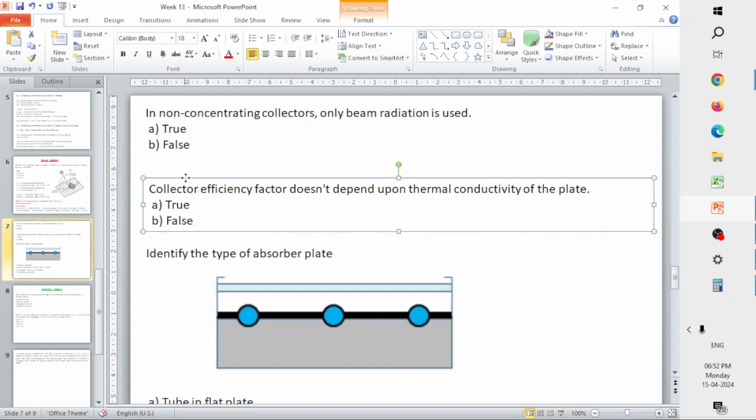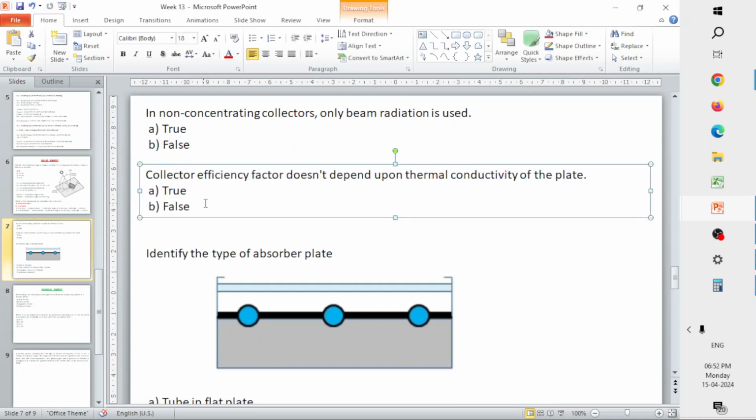Next one is again a true or false. It's about the collector efficiency factor, whether it depends upon the thermal conductivity of the plate. The collector efficiency factor is defined as the ratio of the actual useful heat transfer gain rate per tube per unit length to the useful heat gain that would have been possible if the absorber was at the local fluid temperature Tf.